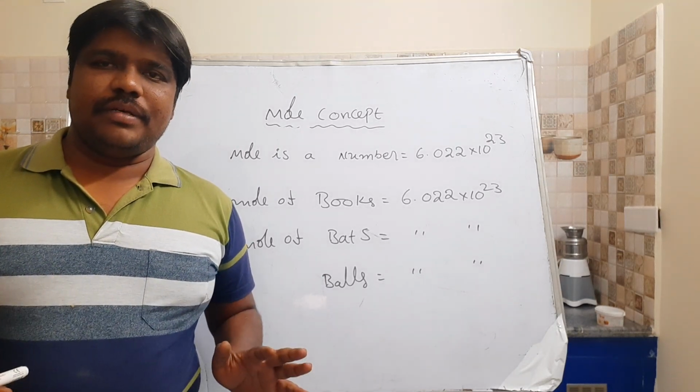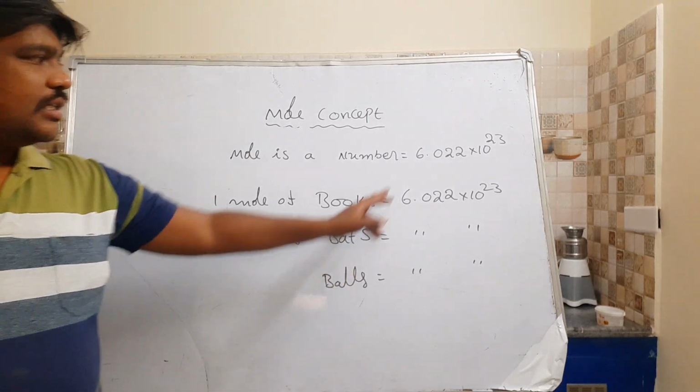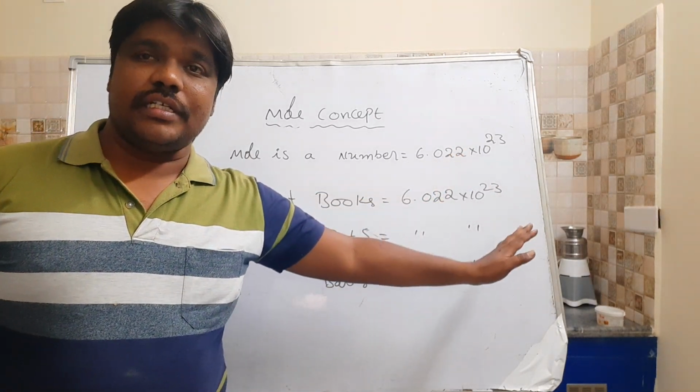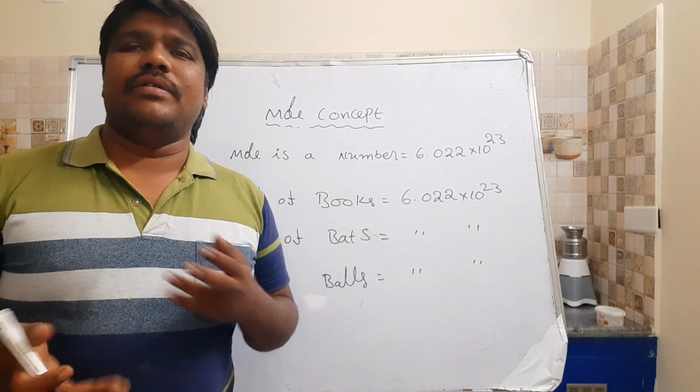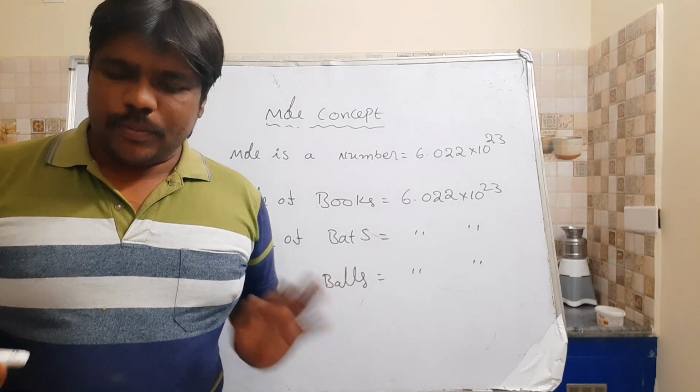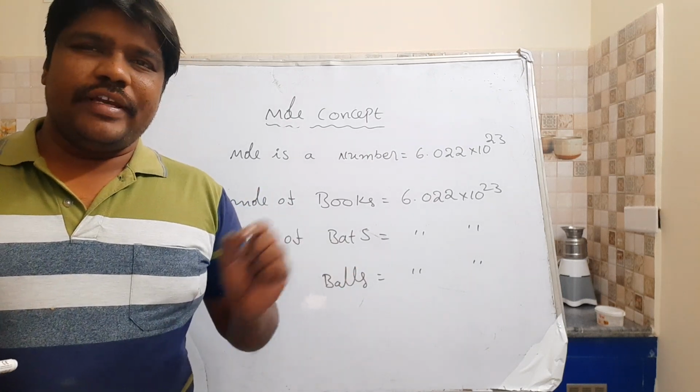Its value is 6.02 into 10 power 23. In some books they may give 6.023 into 10 power of 23, like that also. Don't bother about a small variation.